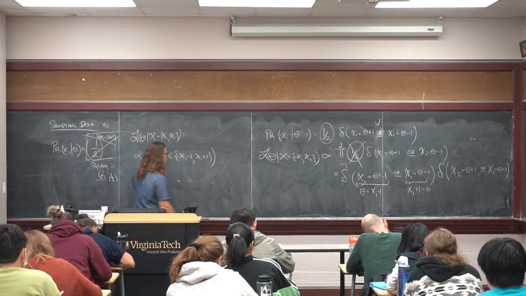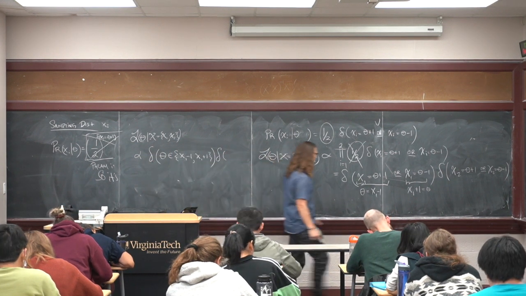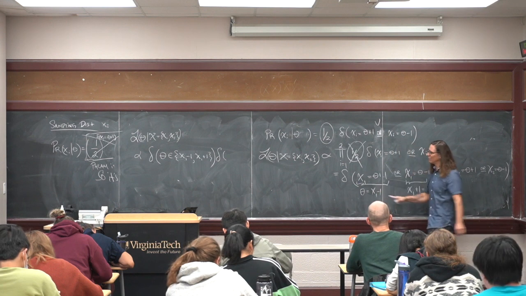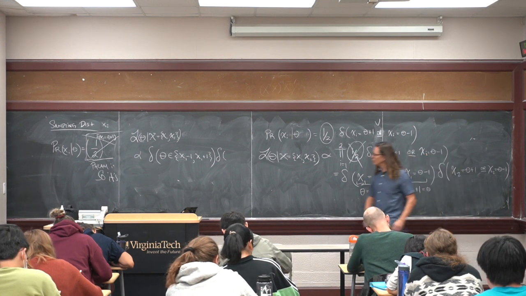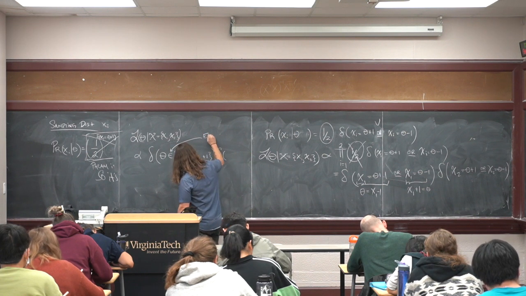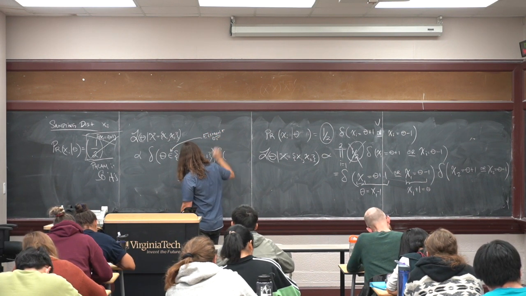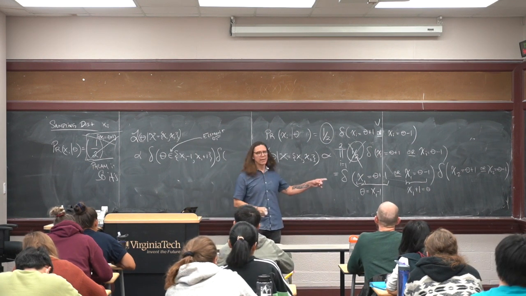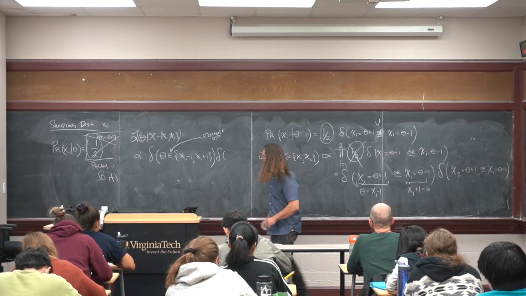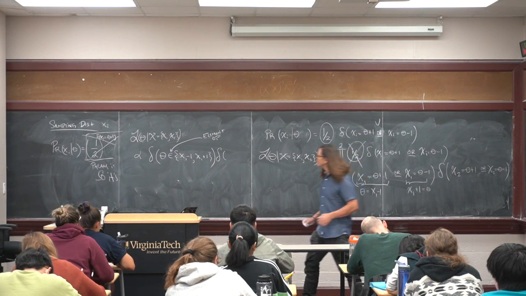So this delta function, there's still one more I'll write down in a second, is exactly that. These are the same statements. So if you don't know this notation, this means element of. If you don't like writing it that way, you want to write it like that, you're good.